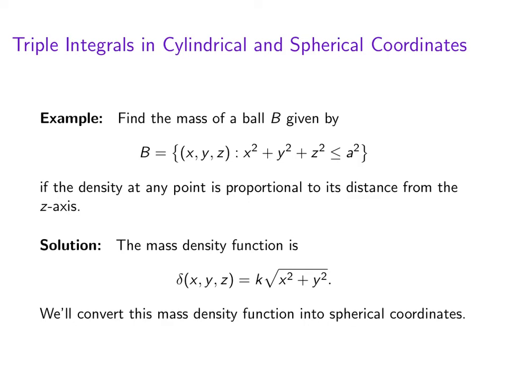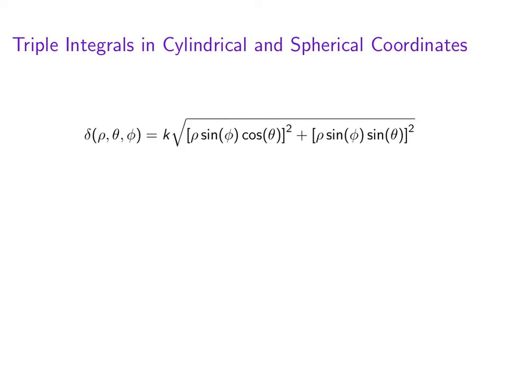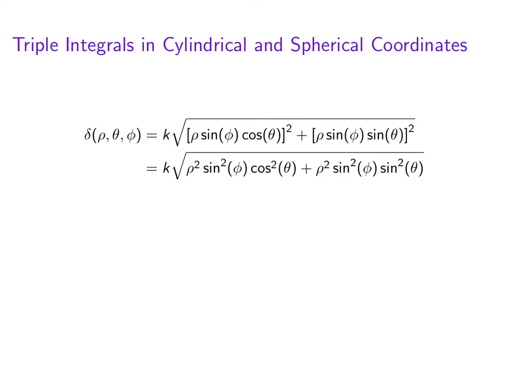Let's convert this mass density function into spherical coordinates. We'll need to do that when we convert an integral for the mass into spherical coordinates anyway. So our mass density function looks like this in spherical coordinates: k times the square root of rho sine phi cosine theta squared plus rho sine phi sine theta squared. We square those terms on the inside, and now we can try to factor out some things.